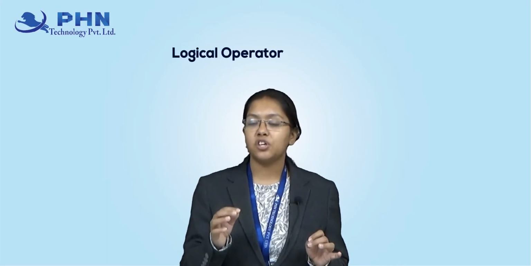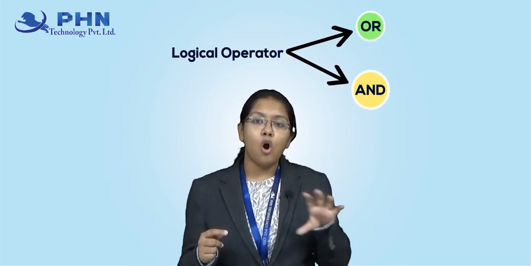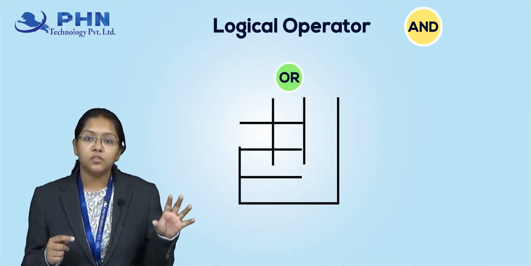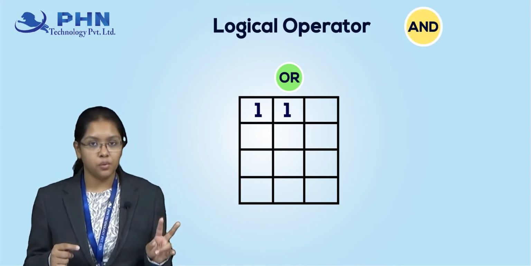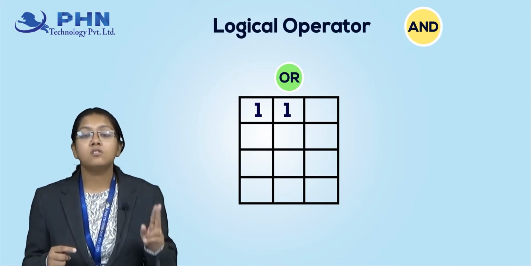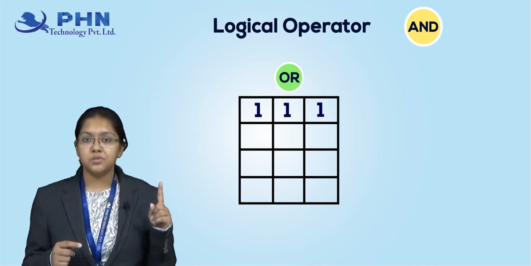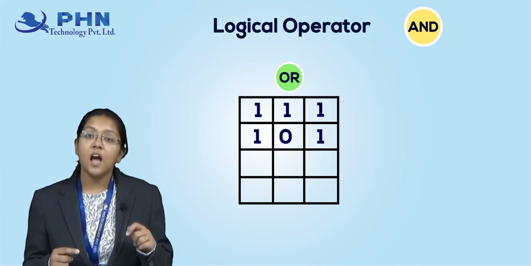Now, first of all, we are going to use the logical operators OR and AND. If we consider the OR operator, then what is the result over there? If we have both the values as true, then our result will also be true. If we have the first value as true and the second value as false, then we get true as the answer.